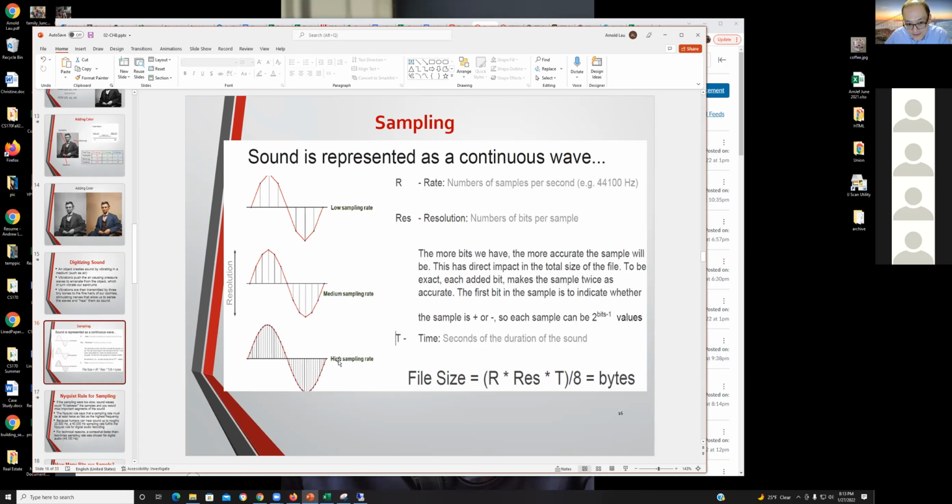You see this here. However many times I sample that sound wave, the more I do it, the more accurate and the smoother that curve will be, and the better it will sound, okay? So you can see up here, if I only take a couple of samples, which is what they call a low sampling rate, the wave looks blocky or edgy. It doesn't look that smooth.